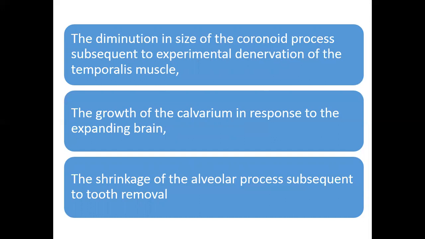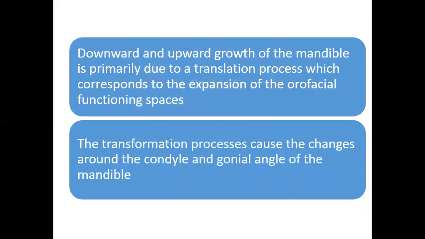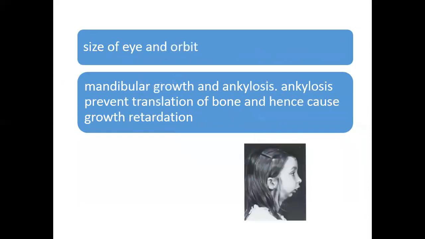So for every skeletal part with a muscle attachment, that muscle and all the surrounding tissues have a role in the growth of the skeletal units. That is what functional matrix theory tries to say. So that's all about functional matrix theory.